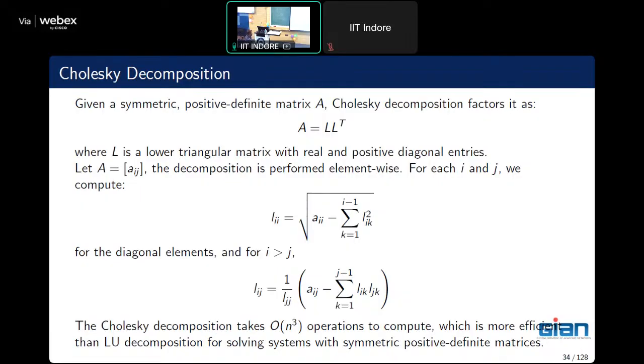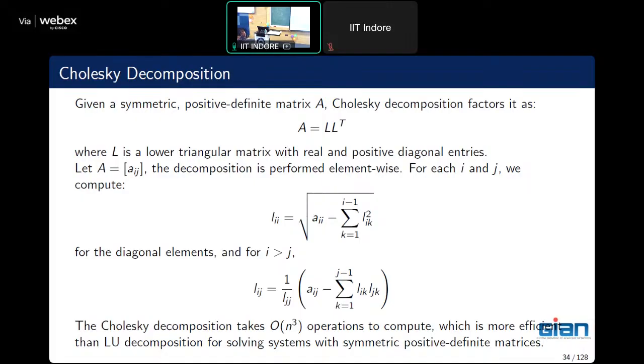So basically, we are using this. If you take the right-hand side and the left-hand side, and take the (i,j)th term of A and the (i,j)th term of the right-hand side and equate them, the diagonal terms would look like this. And for the non-diagonal terms, when i is greater than j, because this is a lower triangular matrix, the upper part is 0, so we don't need to calculate the upper part.